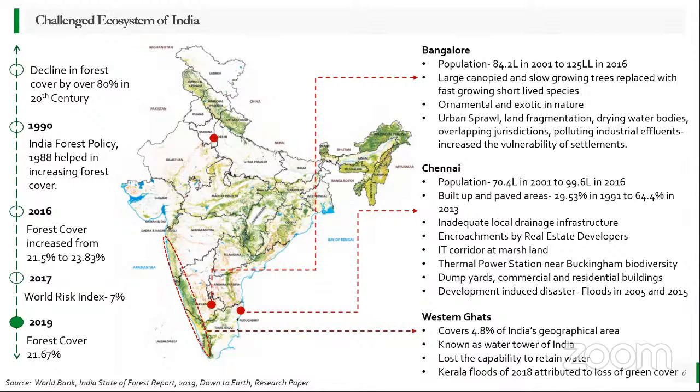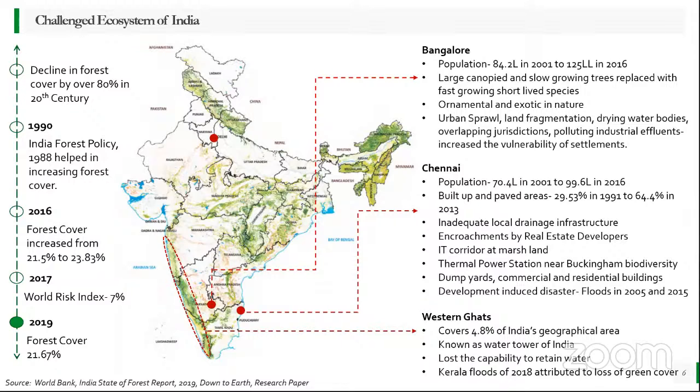According to the analysis, built up and paved areas have also increased from 29 to 64% in 2013. Together it became a reason for development induced disaster, which was recently observed in the floods of 2005 and 2015. That was so bad that the implementation of relief measures also failed.